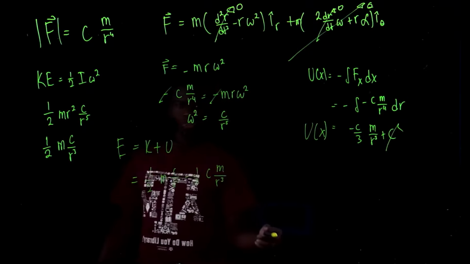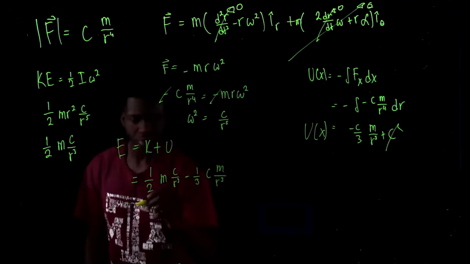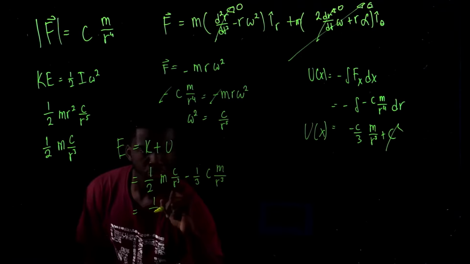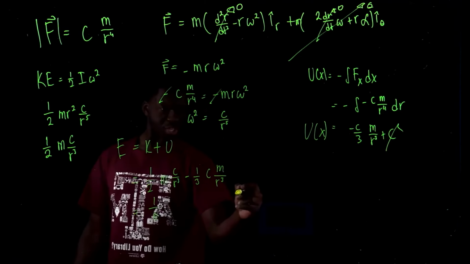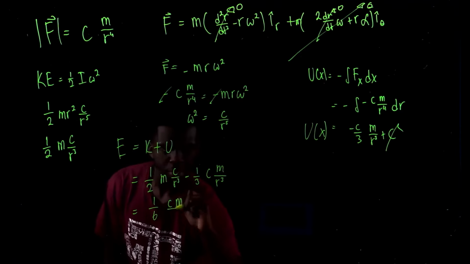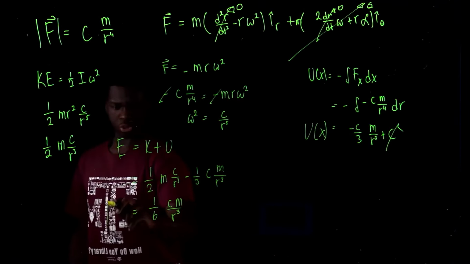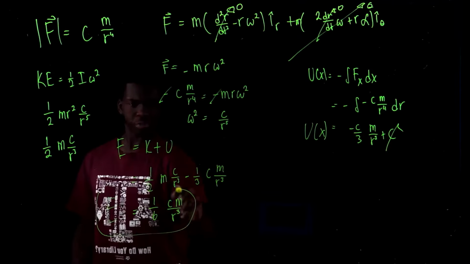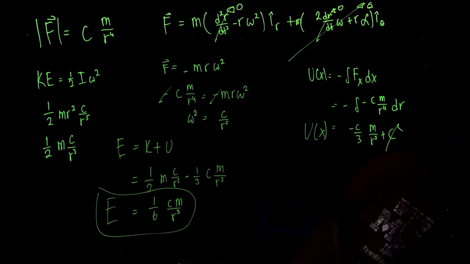So now, taking this, 3 over 6 minus 2 over 6 is going to be equal to 1 over 6 CM over R cubed, and that should be the total energy.